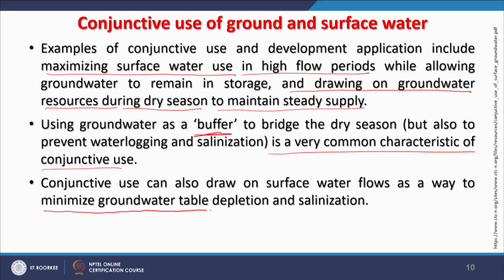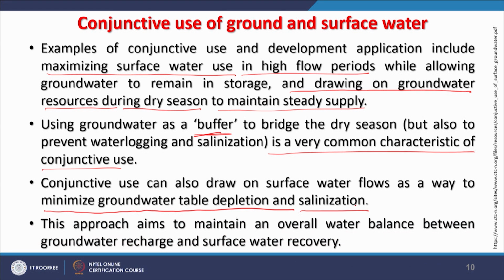You are aiming to minimize the groundwater depletion and at the same time also minimize salinization as well. So, such an approach will maintain an overall water balance, and that is what conjunctive use is, which we are talking about, between groundwater recharge and surface water recovery.